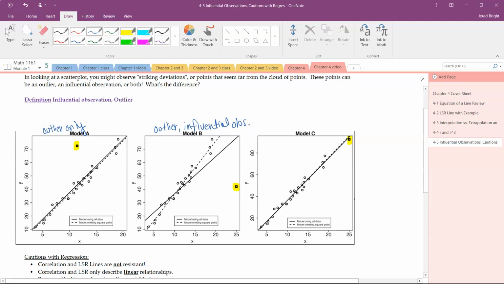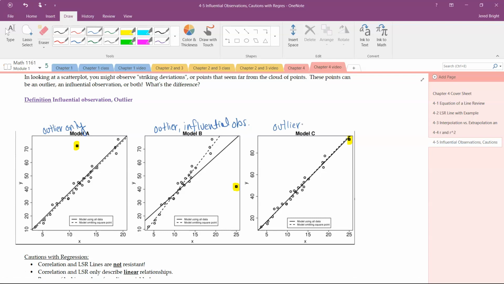Lastly, if I look at the data here and compare the 2 models again, with the square observation and without it, they appear to be almost identical. So this one does appear to be an outlier, but it does not appear to be an influential observation, meaning it does not appear to change the trend line or regression in any meaningful way.